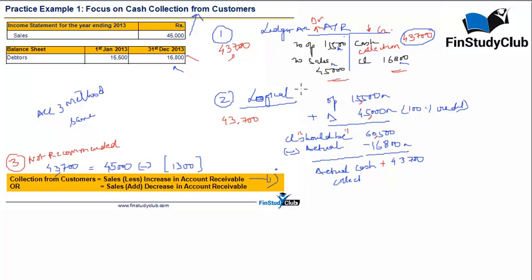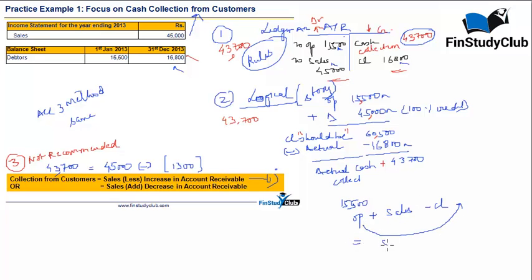It's just that the logical process has a story carved around it, whereas the ledger balances are basically rule based. What I am doing is opening plus the sales minus the closing. If I shift opening and take the negative sign common, what I get is sales minus closing minus opening, because negative negative is positive.